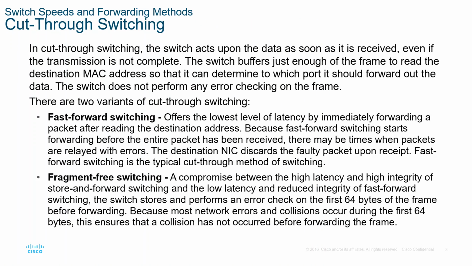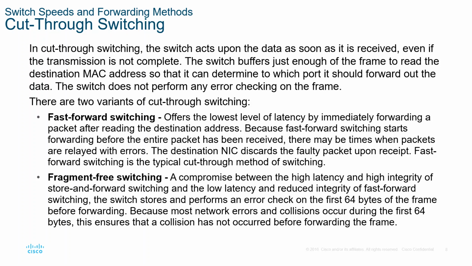In cut-through switching, there are two variants. The first one is fast-forward switching, and the second one is fragment-free switching. Fast-forward switching is the fastest switching type, because you can start forwarding before the entire packet has been received. But because of this, there are times when the packets relayed in the network have errors.